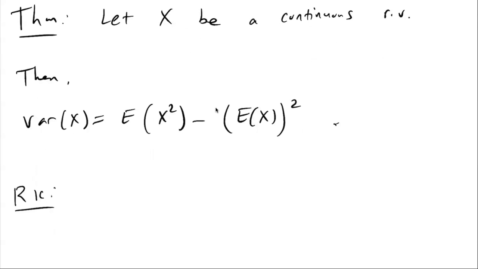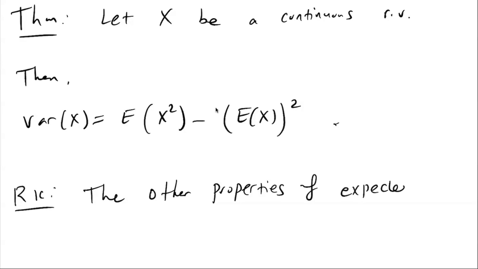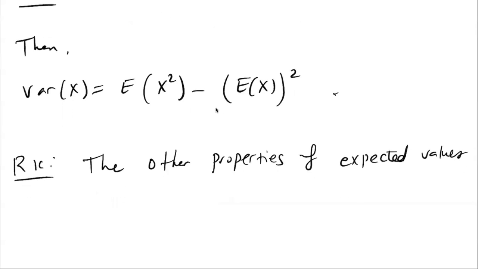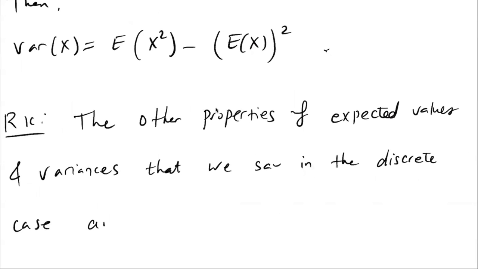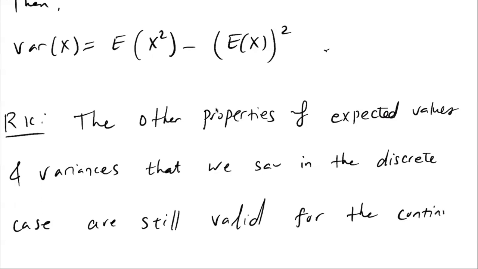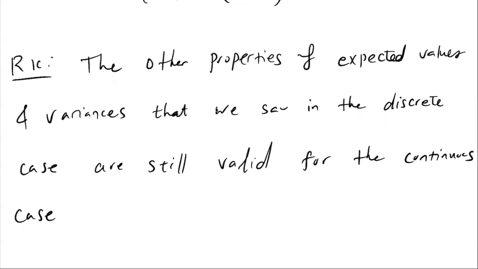And one remark is that the other properties of expected values and variances that we saw in the discrete case are still valid for the continuous case. So all the properties that we have seen before are still valid.